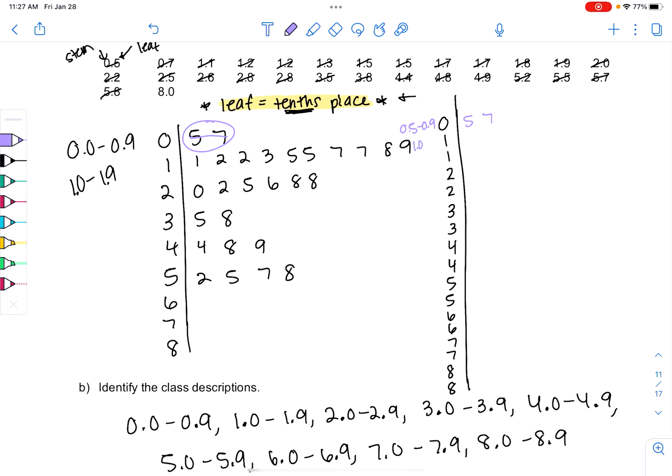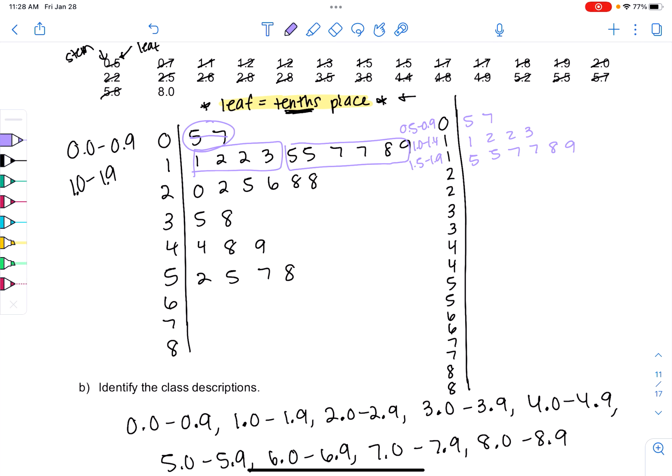It'll be 1.0 to 1.4. It's always the cutoff at 5, and then 1.5 to 1.9. So same thing. We'll do anything 4 and below, and then anything 5 and above. So 1, 2, 2, 3, 5, 5, 7, 7, 8, 9.